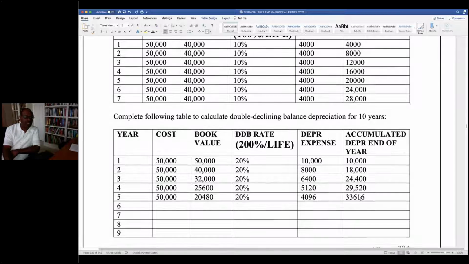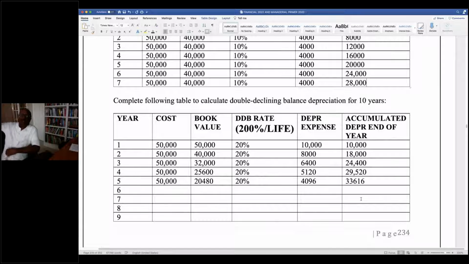Are there any questions? So it's the accumulated depreciation end of year minus the cost for the next year, correct? Say for instance, year 4. The accumulated depreciation end of year is 29,520.